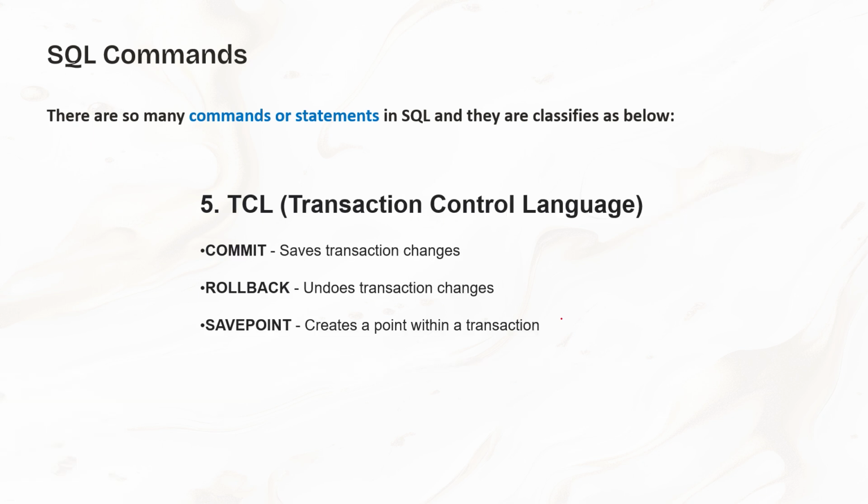Then the last important category of SQL commands, though there are so many other commands in SQL which we'll be learning as we progress in our SQL training. The fifth category of SQL commands is transaction control language, which is called TCL, where there are three different commands: commit, rollback, and savepoint. Commit means whatever changes you made to the database, to the table, or to anything in the database, you are saying, yes, all the changes which I made are to be saved.